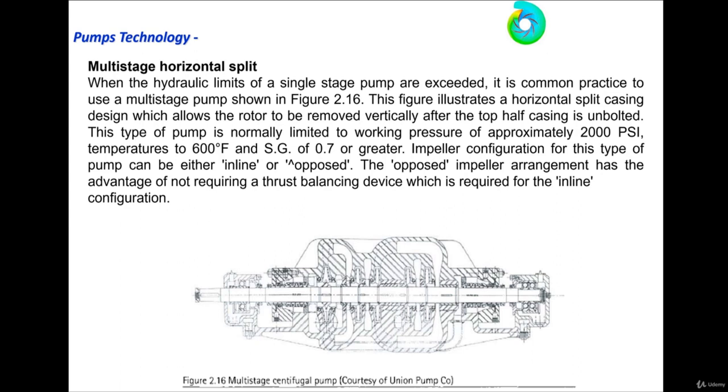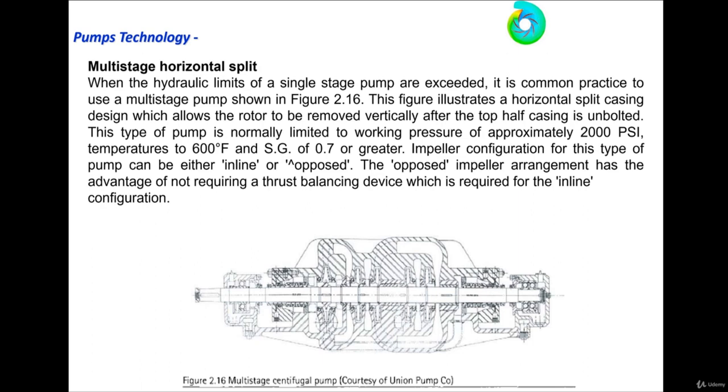And if the temperature of the liquid is more than 600 Fahrenheit, or the fluid is like LPG, a light liquid with a specific gravity less than 0.7, 0.6, 0.5, you cannot use this pump.